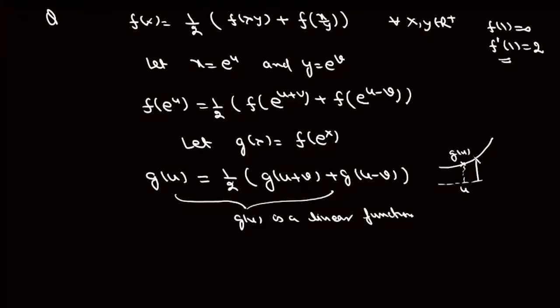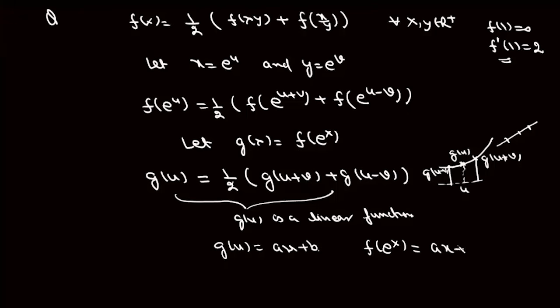If we move up, we'll get g(u+v), and if we move down, g(u-v). The midpoint of these 2 points will always be the same point. That means these 3 points must lie on a straight line. So basically we'll get g(u) as au plus b, or f(e^x) will be ax plus b. Now we'll take x as log x. So we'll get this f(x) as a log x plus b.